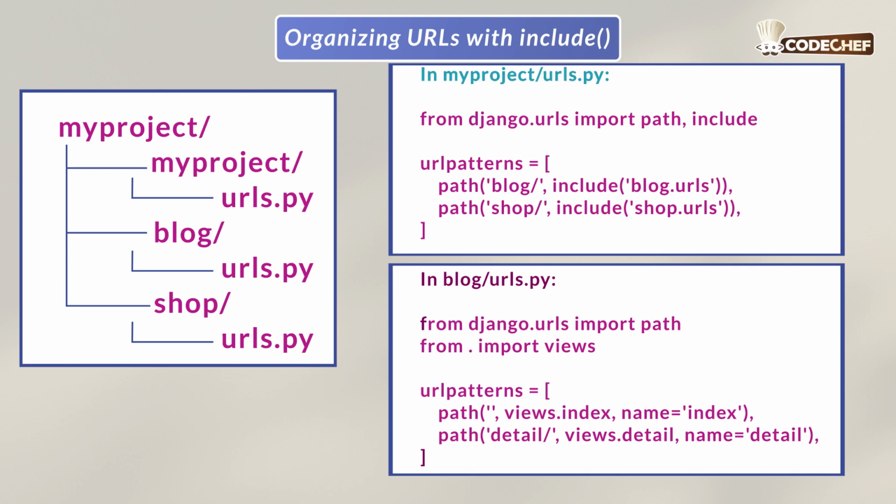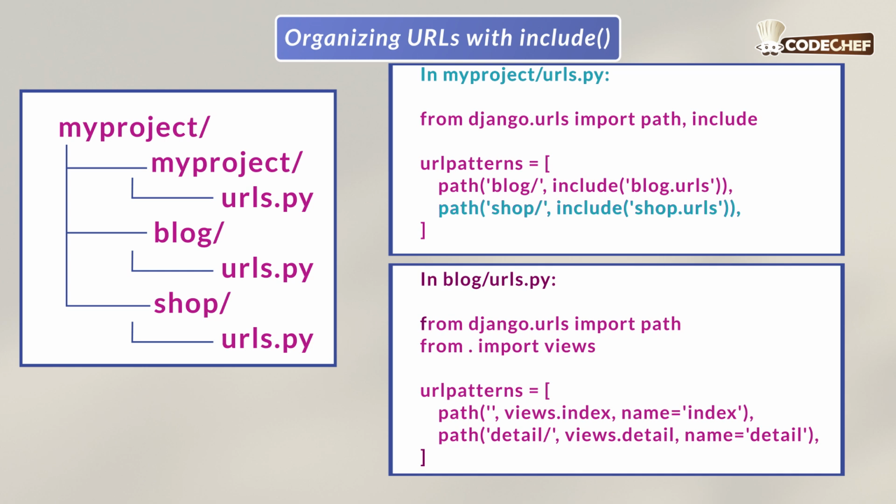Now in the urls.py file of the main project, instead of mentioning which views are to be called here, we are including the blog's urls.py file. So we are saying include blog.urls, and if somebody visits shop, we say include the shop app's urls.py file.